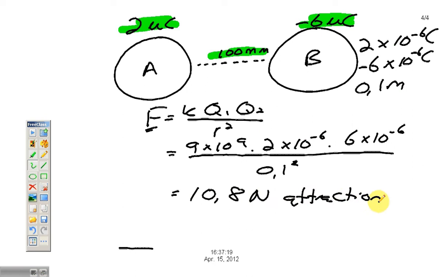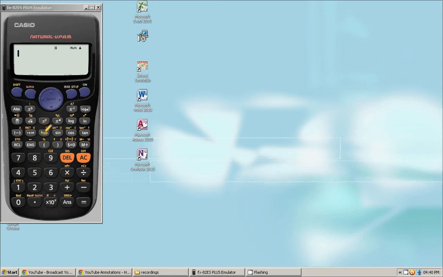Be very careful. A common mistake here is that many students forget to put in the squaring effect, so be careful of your entry into your calculator. Maybe I should just show you my calculation.